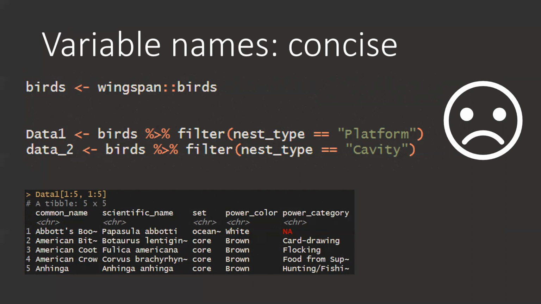So if we think about our objective, which was to make sure that our variable names are concise, descriptive, and consistent, these names are certainly concise, they're nice and short, but they don't tell us anything about the data inside the data frames, and they're stylistically not consistent with one another.